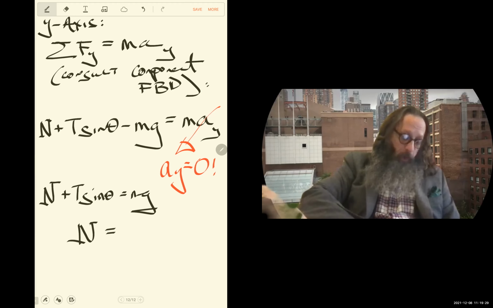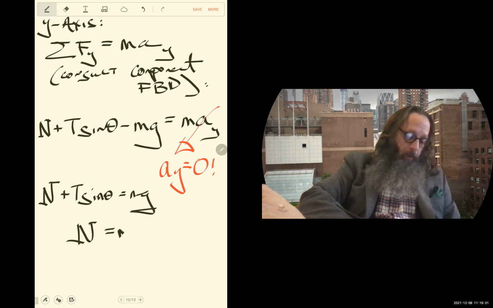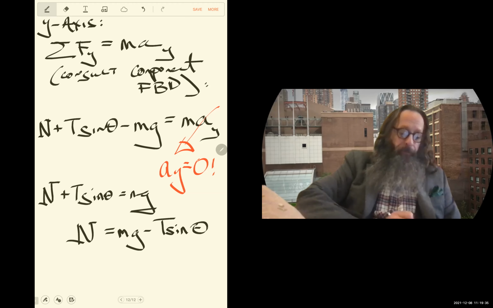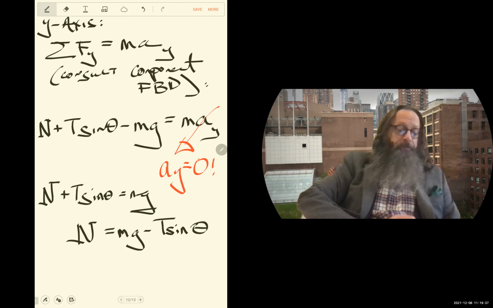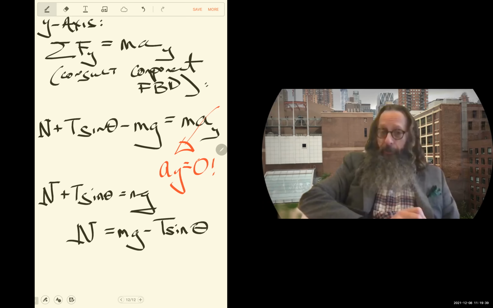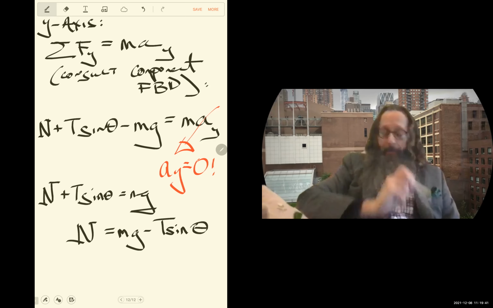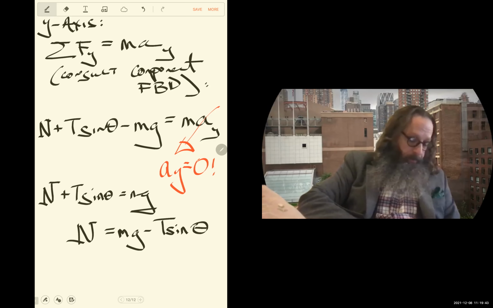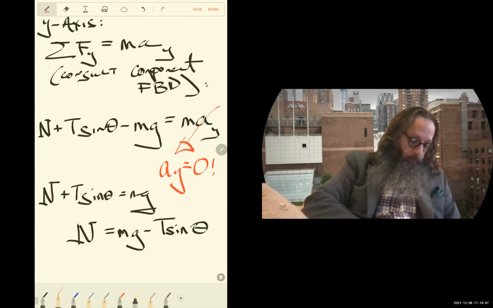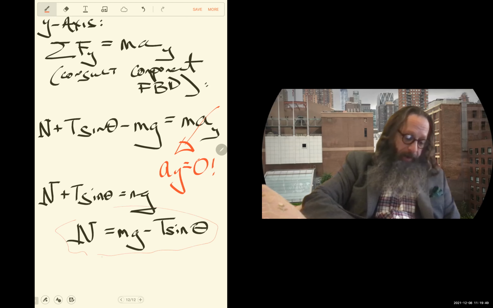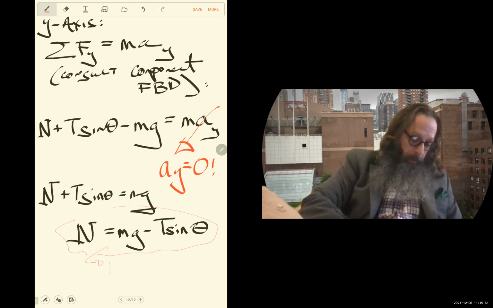So the normal force, in other words, must be the weight minus whatever help was being given to it from T sine theta, right? That's an expression for the normal force. I'm going to plug that back into the x-axis so I can get the friction. This is not a final answer, but it's important. Plug.